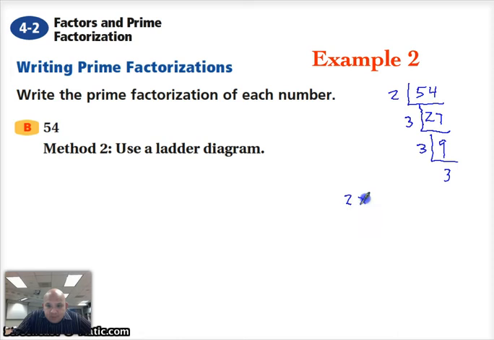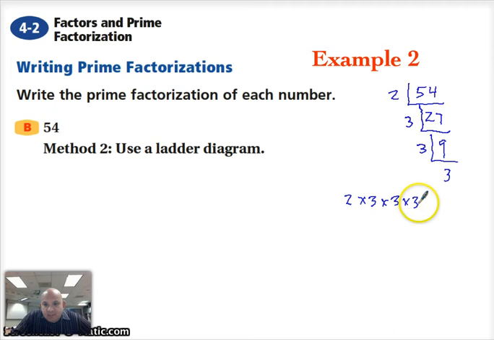I'm going to write that out. 2 times 3 times 3 times 3 equals 54. We have 2 times 3 is 6. 6 times 3 is 18. 18 times 3, 54.